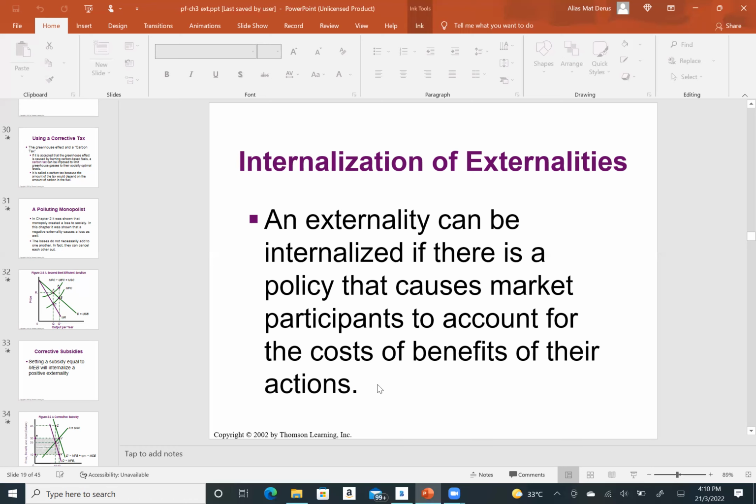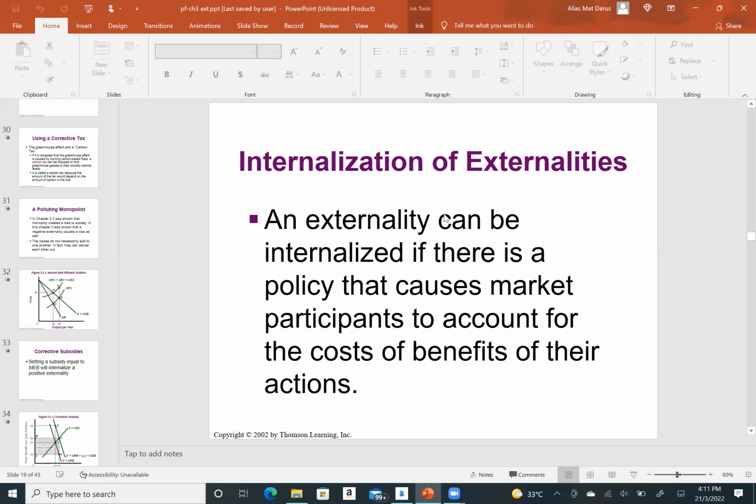Into their decision. So I'm going to make some change here in that statement. So you internalize an externality if there is an action or policy that causes the generator of the externality to take into account the external cost or the external benefit into their decision-making process.